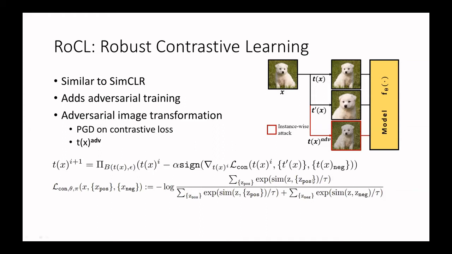And Z pos and Z negative are the 128 dimensions that we will be getting, and those represent the 128 dimensional latent representation that we get as a result after passing through the encoder and projection head respectively.